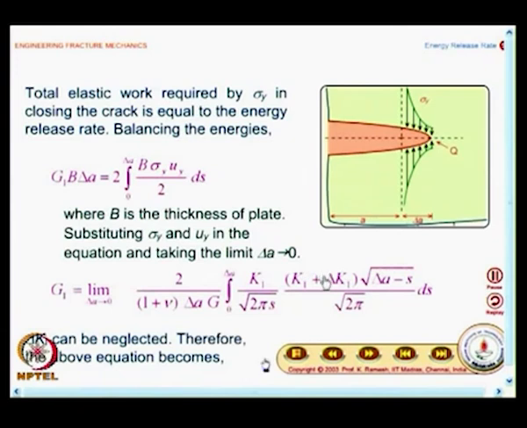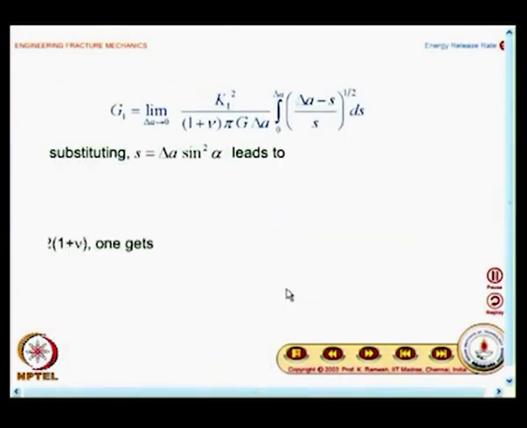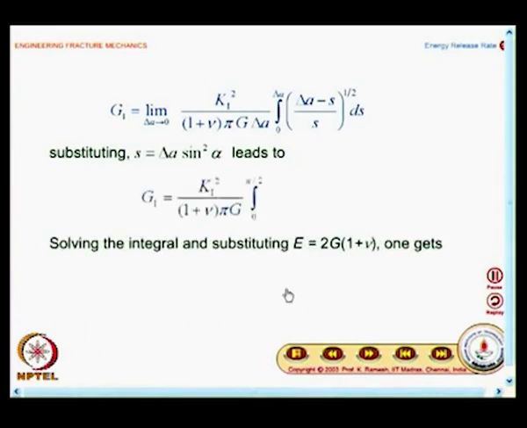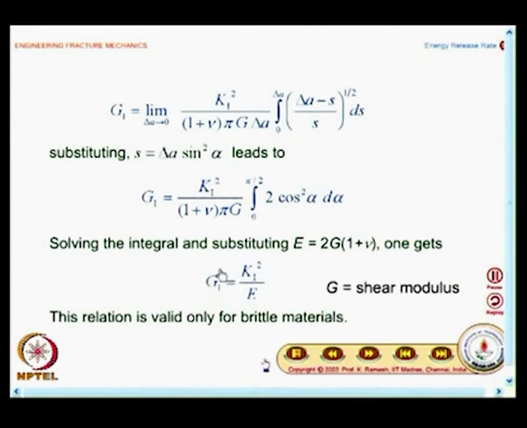Then we also simplified for small extension of crack lengths. Though there would be a change in the stress intensity factor, we would neglect delta K1 in comparison to K. Upon simplification, you get a very important result which interrelates energy release rate G as well as the stress intensity factor. There is also an expression written here, where G is the shear modulus.